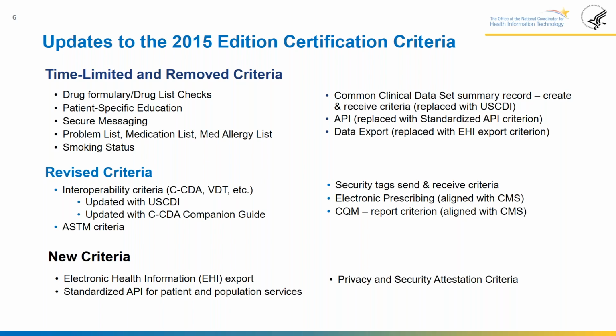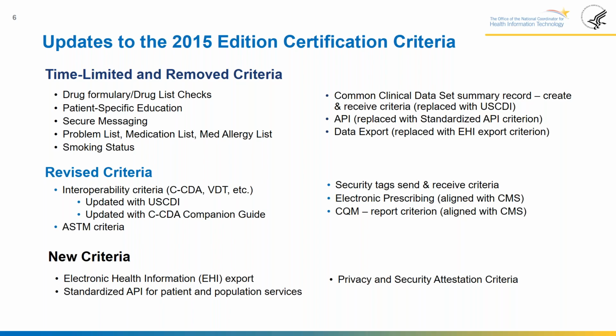There are also several criteria that have been revised to include a modification to the underlying standard, like the security tags, send and receive criteria, the electronic prescribing, and the clinical quality measures. The scope of those revised criteria is really about making common sense updates to the existing criteria.